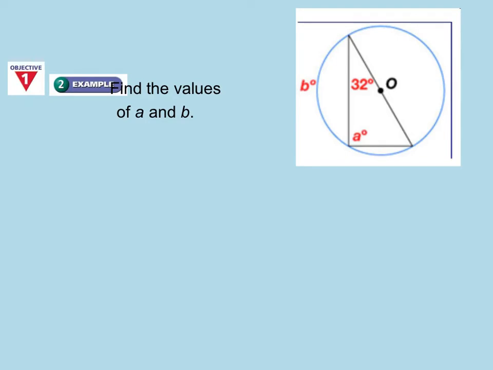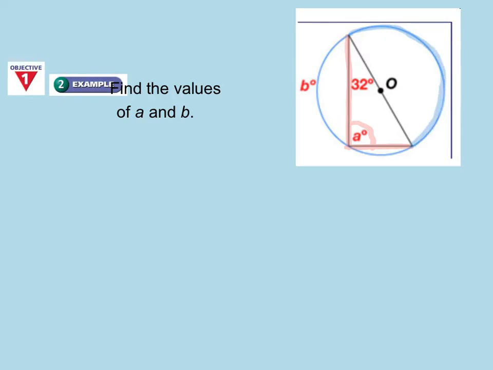Now this example asks you to find the measure of angle A. Now, if we want to find the measure of angle A, we can determine that from looking at the diagram. Angle A is an inscribed angle, and the intercepted arc that goes with A is this whole arc here.